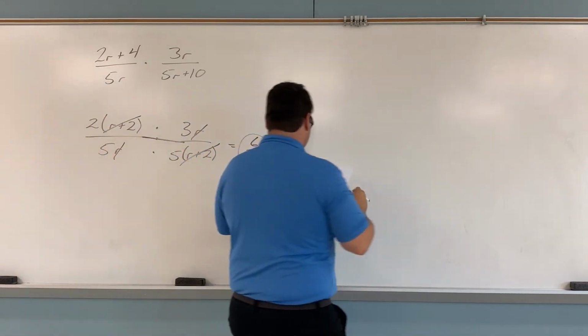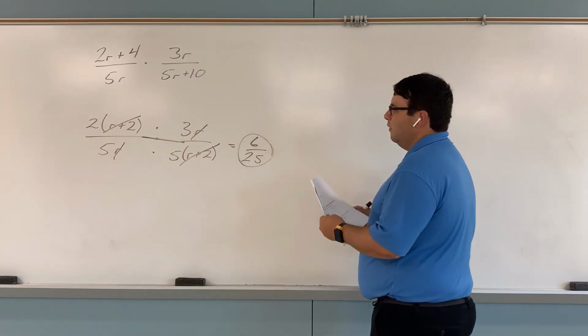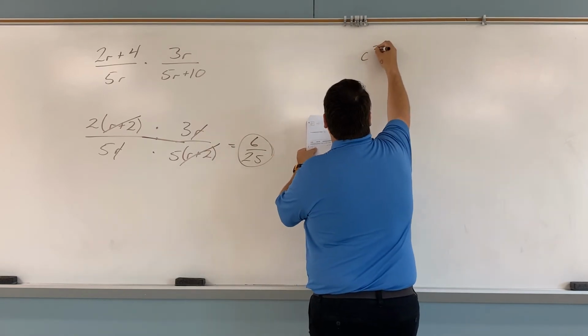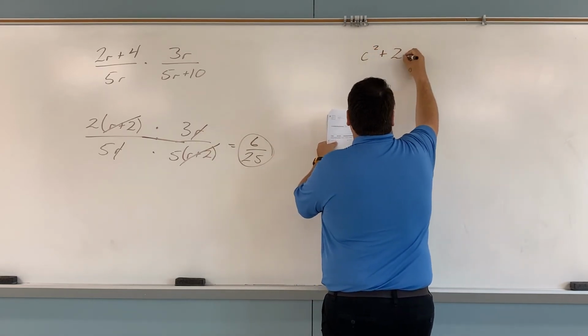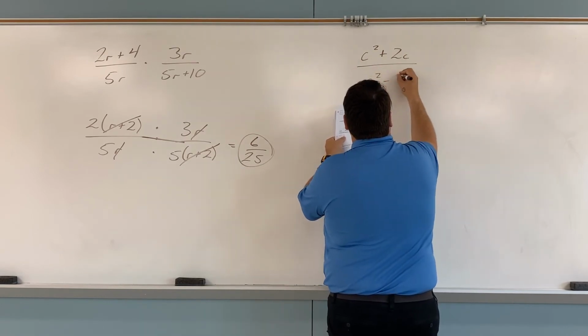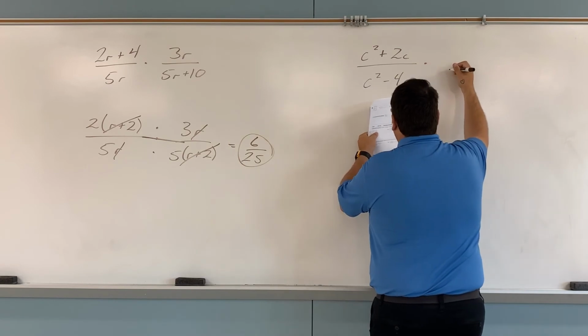All right, let's try another one. So whenever you're going through this process of multiplying rational expressions, you're really factoring it down and then seeing if there's anything you can cancel. That's essentially it.